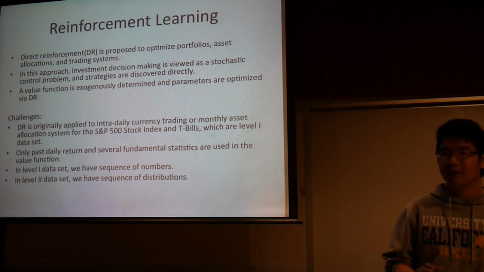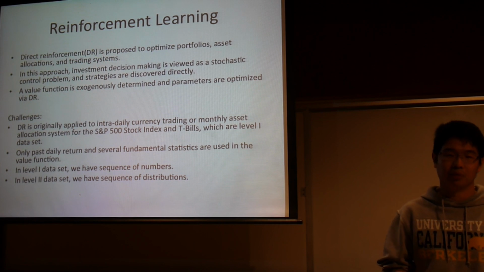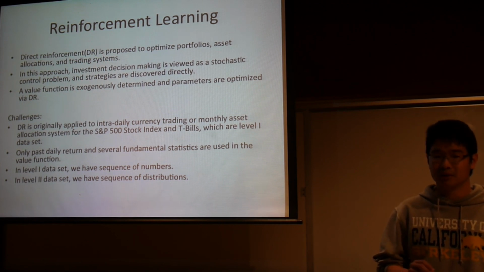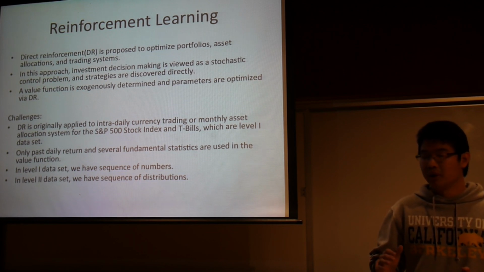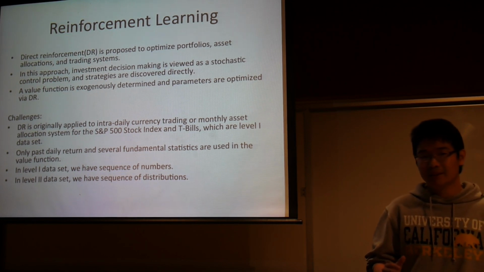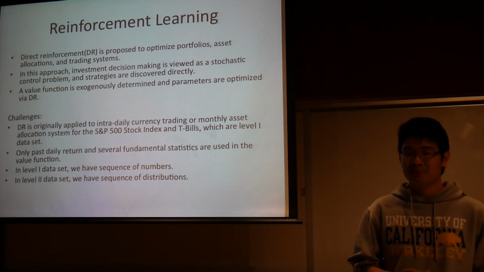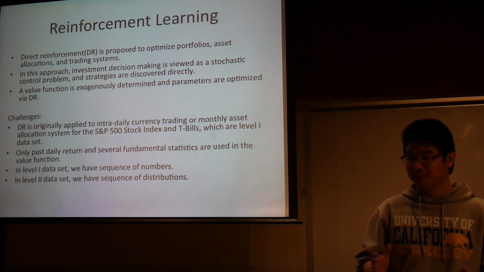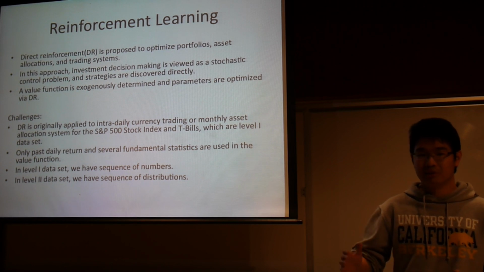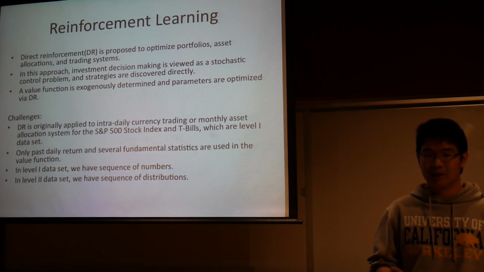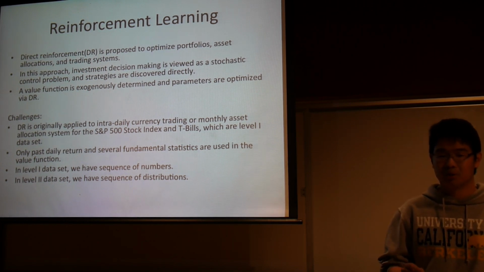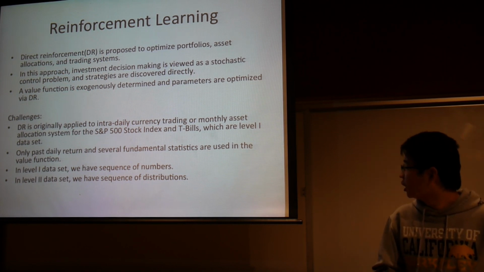So it's quite different from what we wanted to do, because we wanted to apply it to level 2 data, which is generally the distribution of the market. We hope it will make sense that level 2 data, which might reflect the capacity of the market, might give us more edge to make a profitable trading strategy.